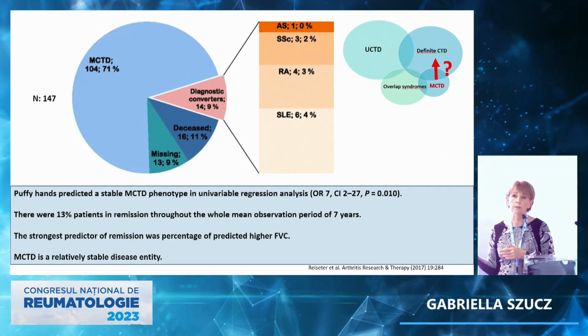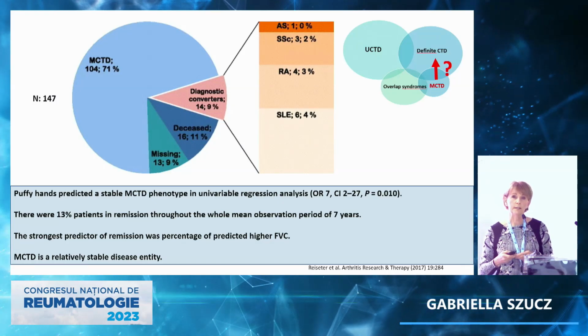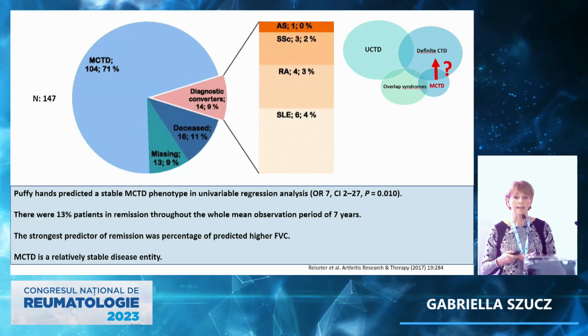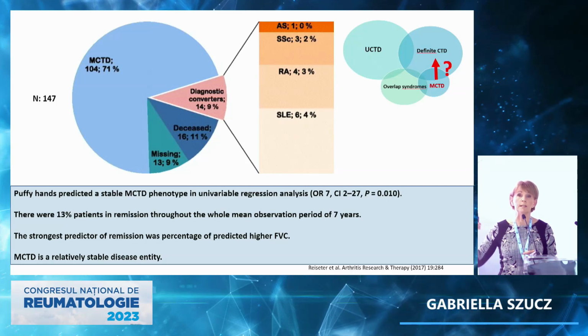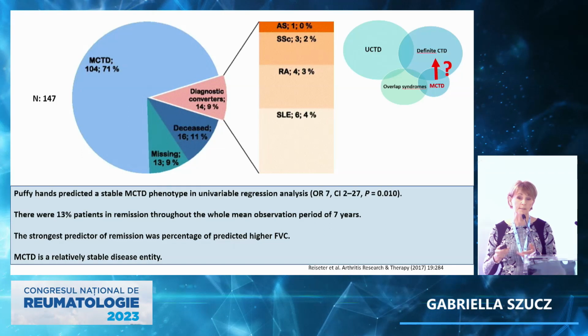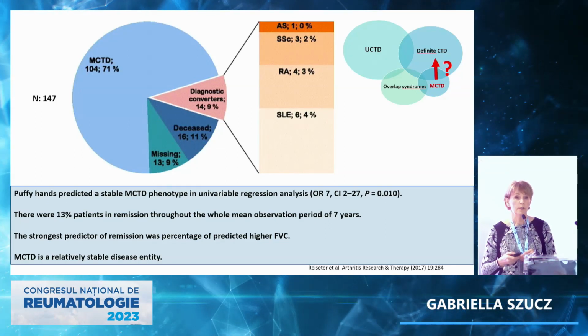There is another study involving 147 patients with MCTD, and you see that almost 10% will evolve further, to ankylosing spondylitis, systemic sclerosis, rheumatoid arthritis, and lupus.